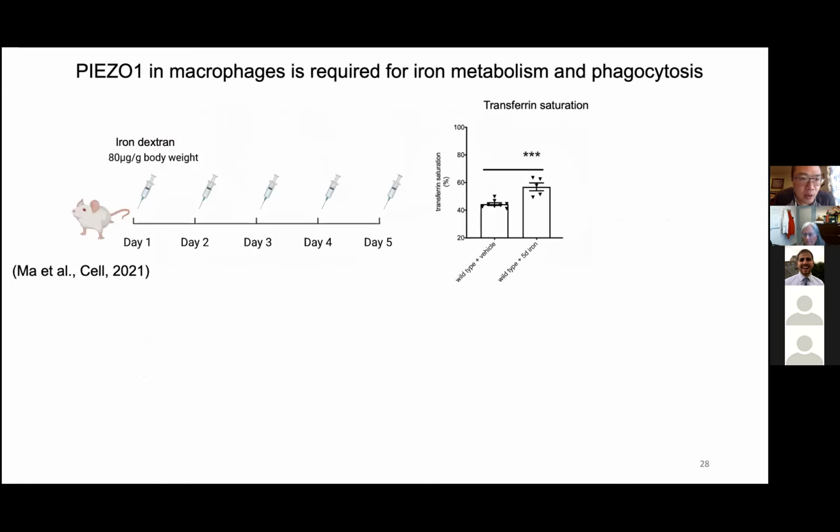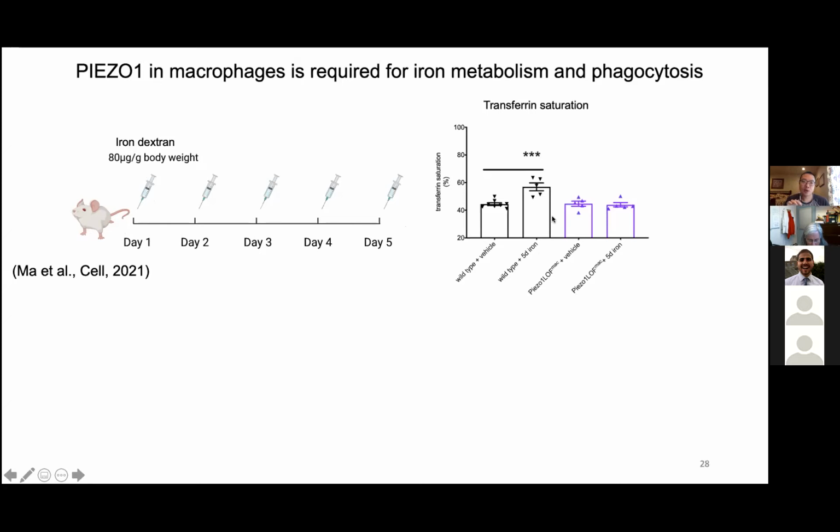And finally, we wanted to ask whether PIEZO1 is required for iron metabolism in vivo, and also whether it's required for phagocytosis. To do this experiment, I injected iron dextran at a higher level into the animal for 5 consecutive days. This treatment was strong enough to elevate the blood iron measurement in the wild-type animal.